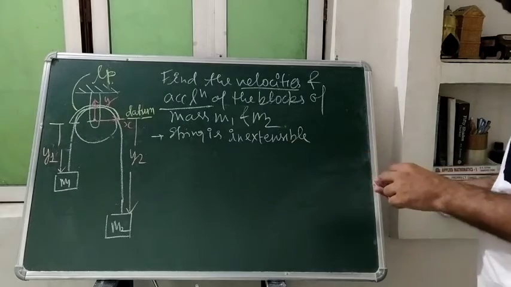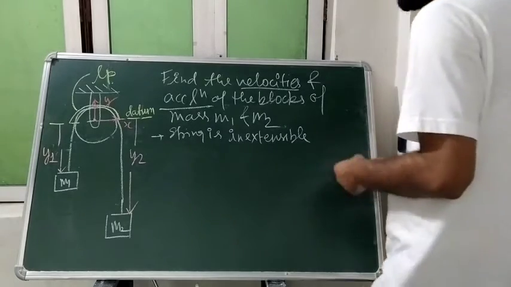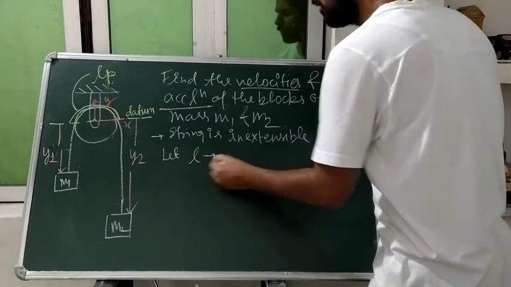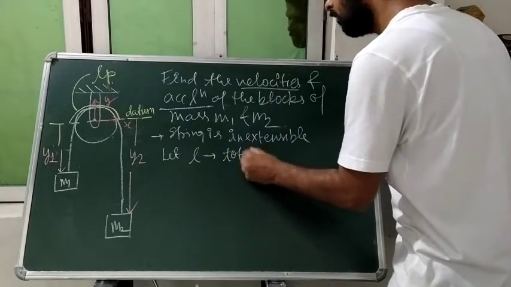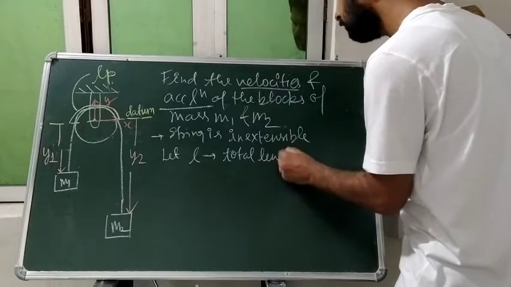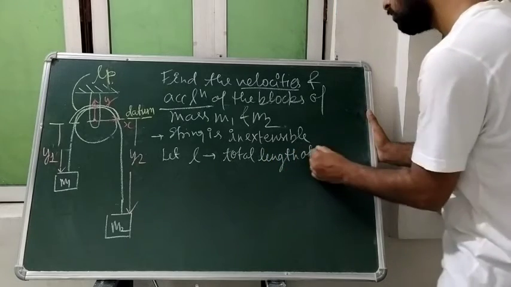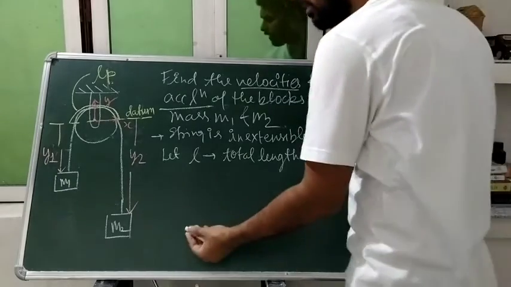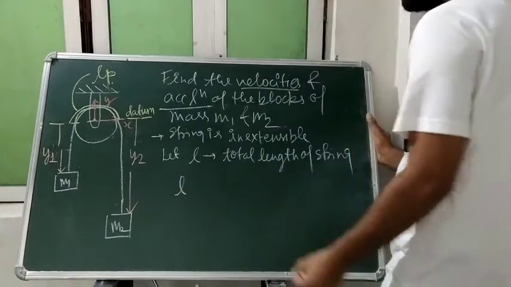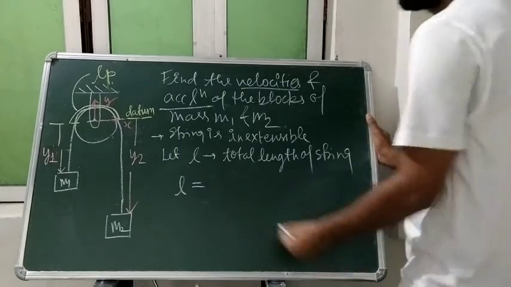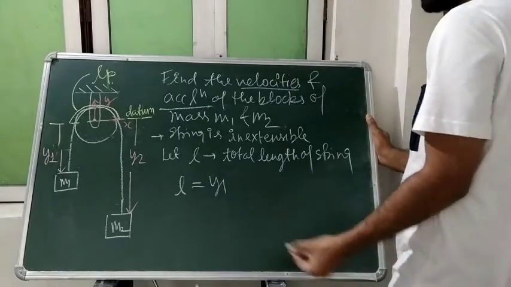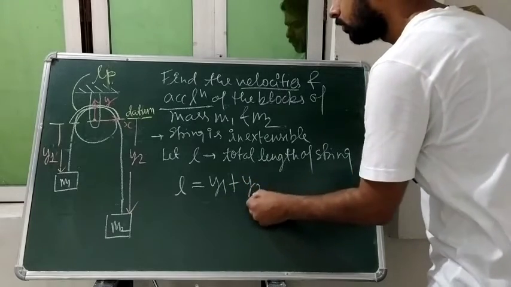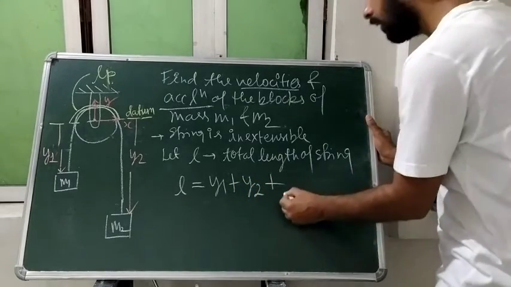So since that string is inextensible, let capital L be the total length of string. So this total length will be equal to what, student? y1 plus y2 plus this what?